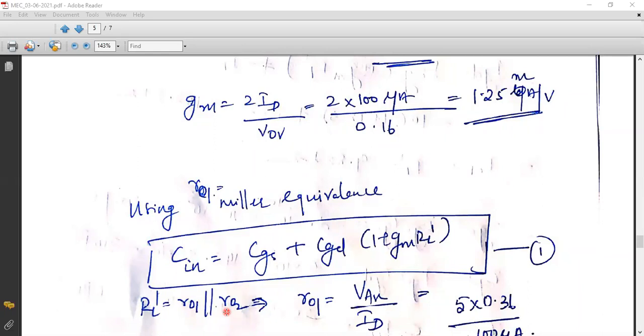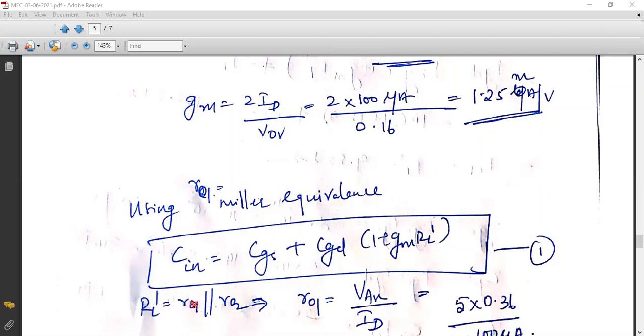NMOS is your common source amplifier and PMOS is your current source. That is Q1 and Q2. Q2 is the active load, Q1 is the amplifying transistor. So you need to take the effect of the output resistances of both the transistors Q1 and Q2. So you will get the overall RL dash.